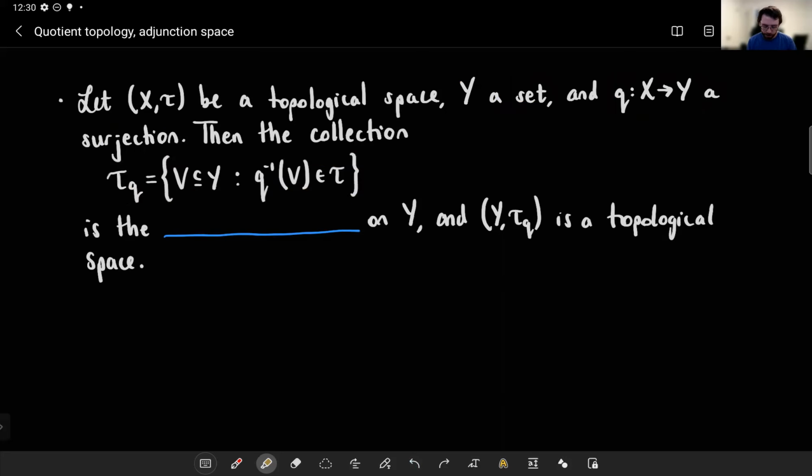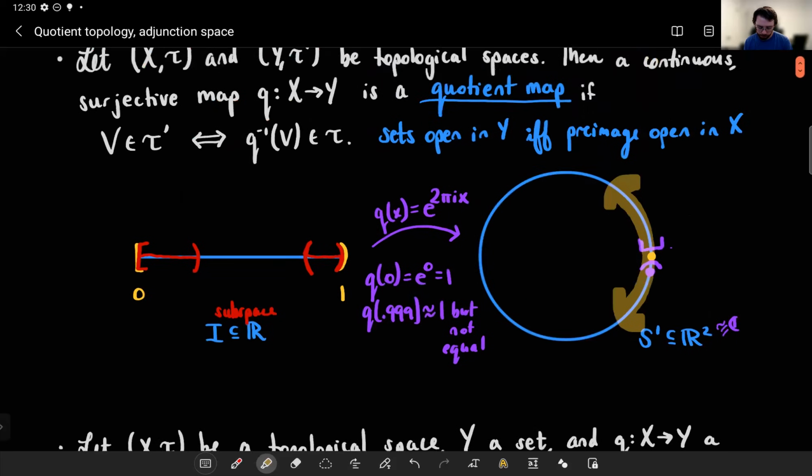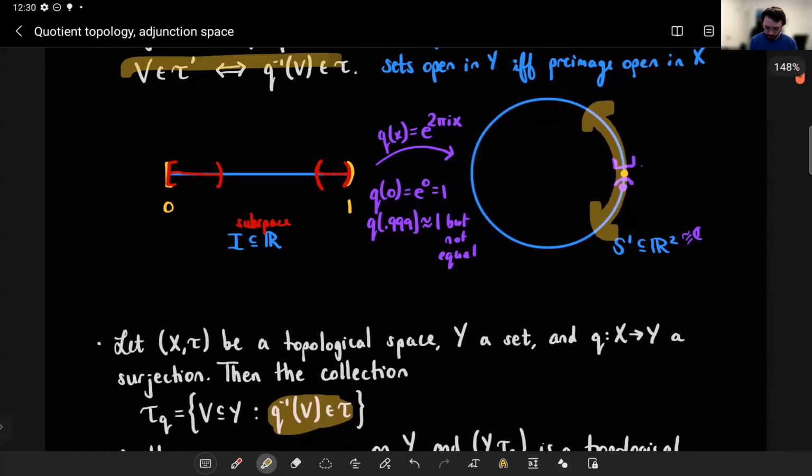I'm calling it tau sub Q because it's the topology associated with this map Q. And I'm defining it as the collection of all subsets in our codomain whose preimage is open in the domain. So super similar to what we had back here, this whole statement, very similar looking.